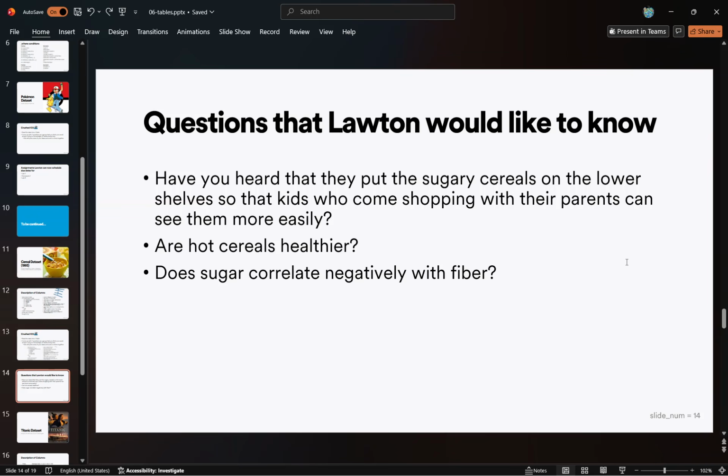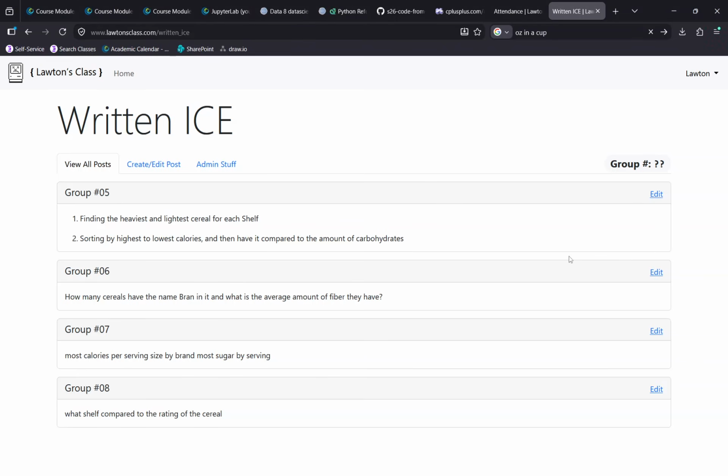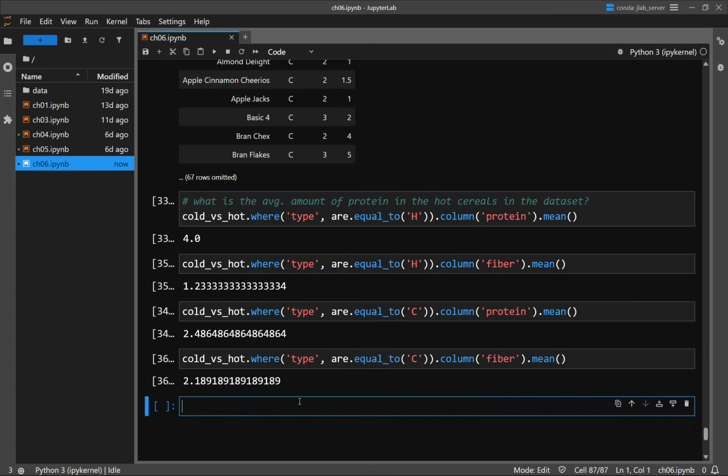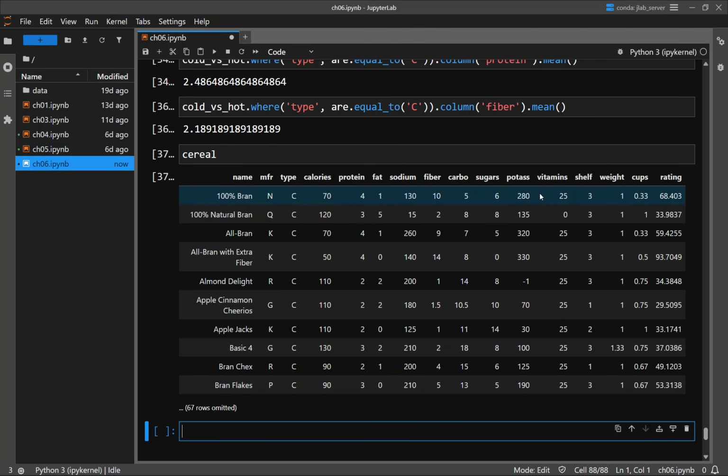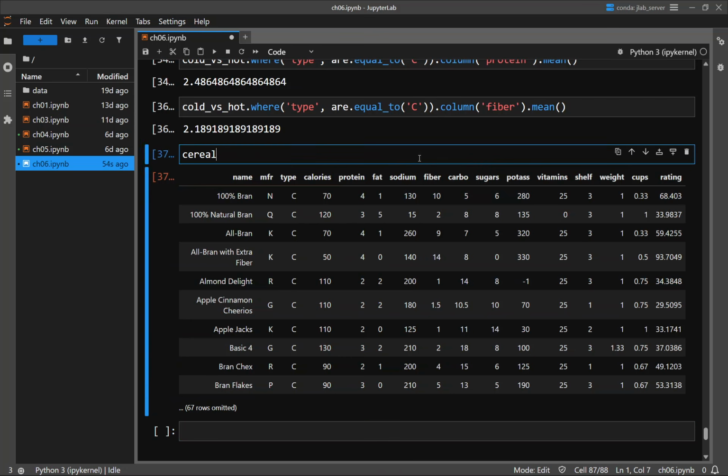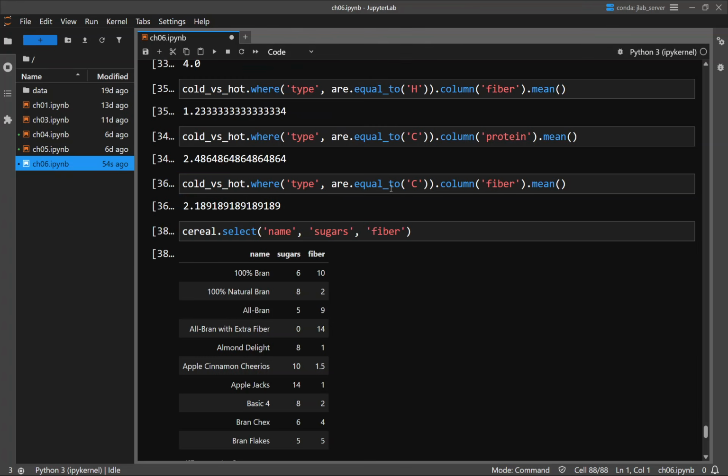Sugars. I guess one thing that we could do. This is a harder question to ask right now without being able to make graphs. But we could just select out name for fun, sugars and fiber. And then we could sort by one, I guess. We could sort by sugars and just kind of look at it.